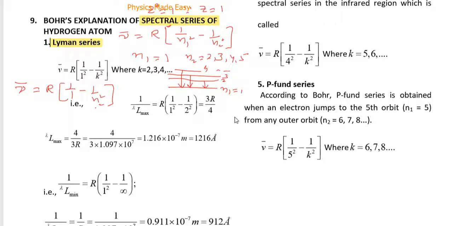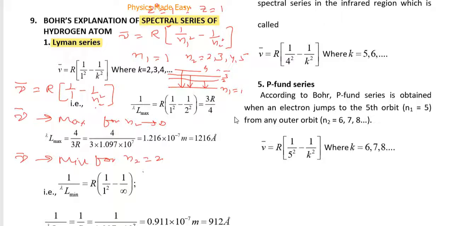Now nu bar can achieve maxima for n2 approaching infinity. Nu bar, wave number, will achieve minima for n2 equal to 2.